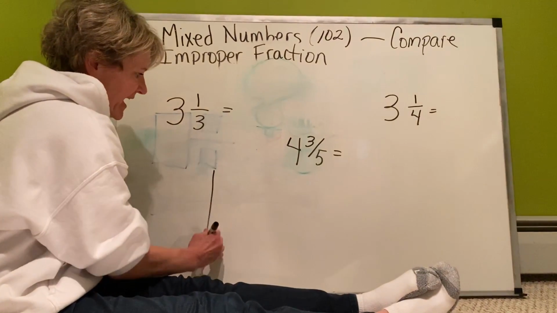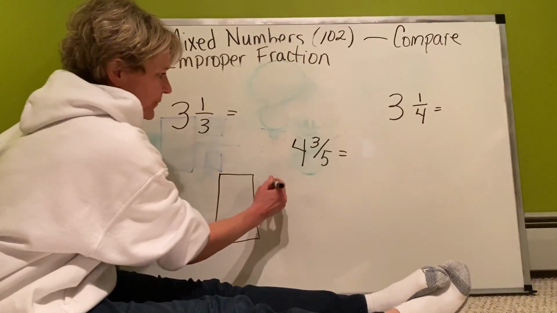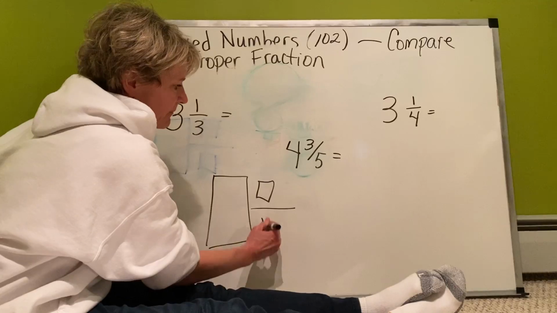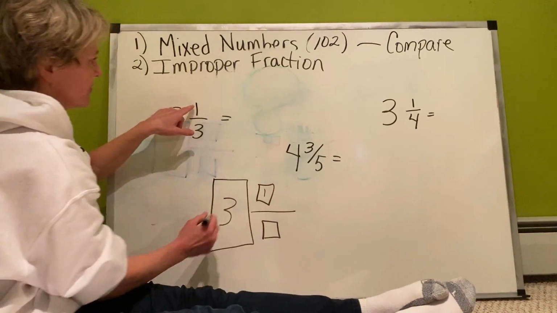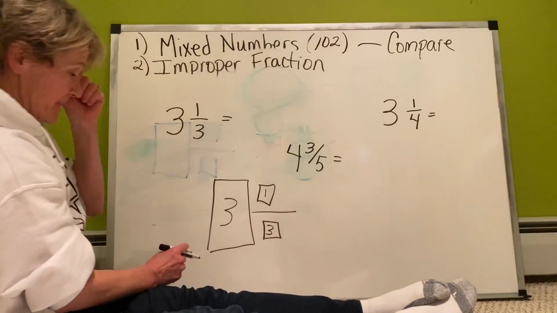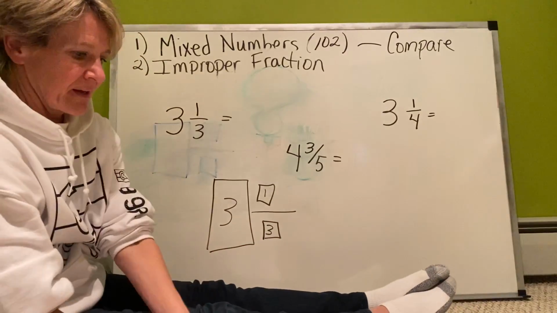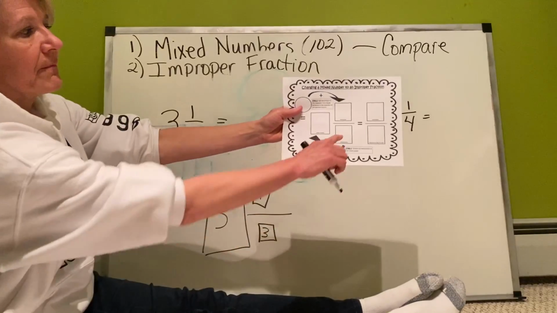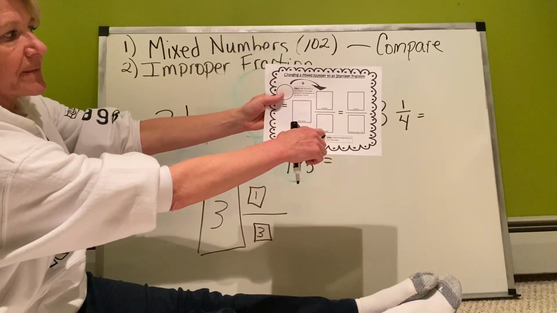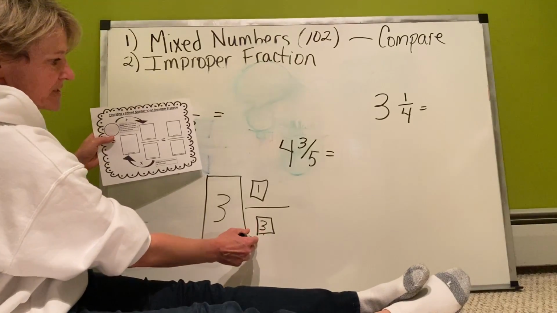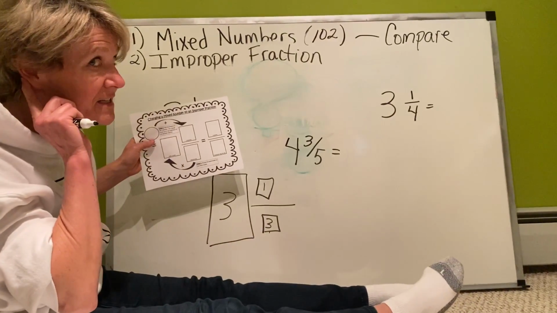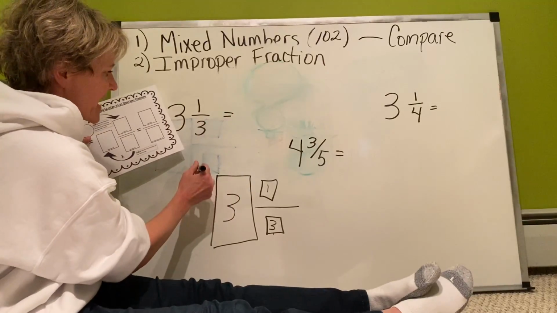Okay? So, if I had my worksheet it would tell me to put my mixed number in the boxes. 3, 1 is the numerator, 3 is the denominator. My worksheet says start at the bottom and multiply. 3 times 3 is, right, 9.